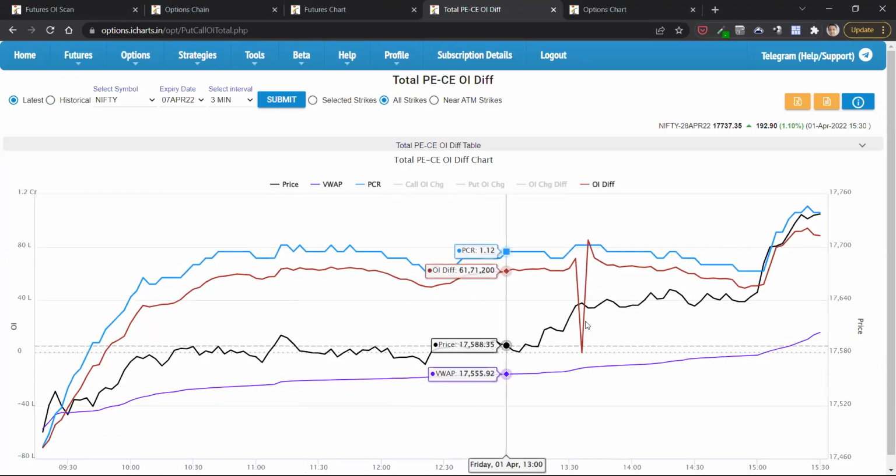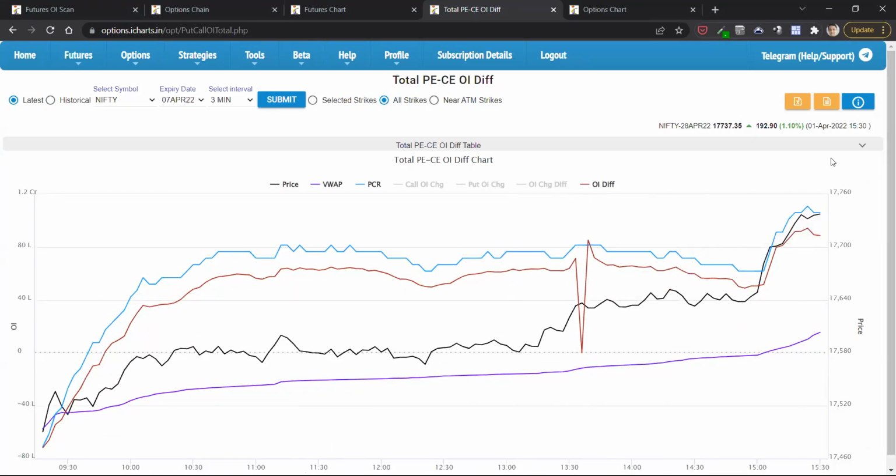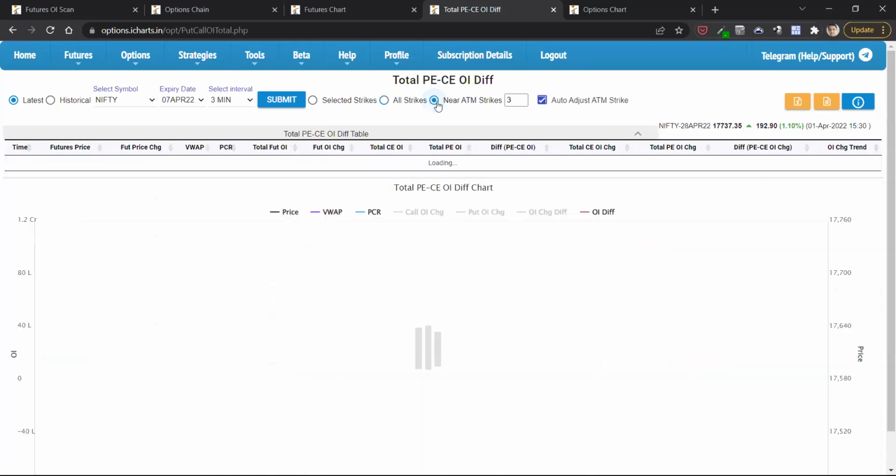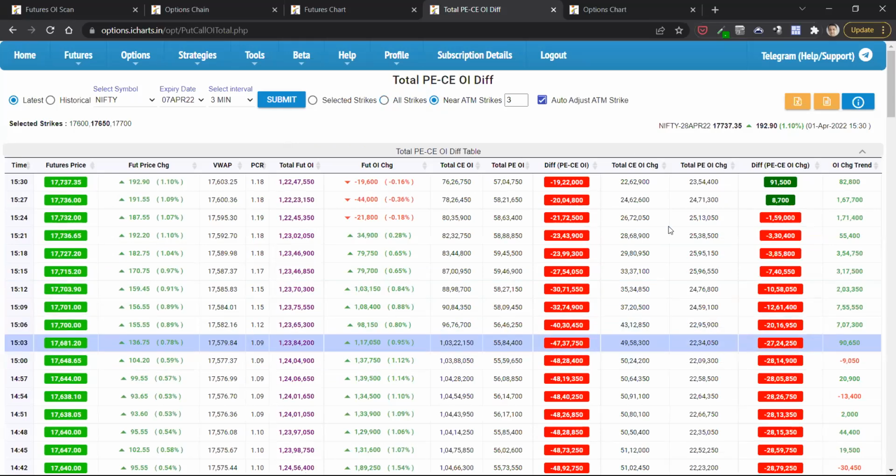But yeah, this is another tool if you want to dig deep into what is happening overall with all strikes, or what is happening near ATM strikes. You can take a look at this.